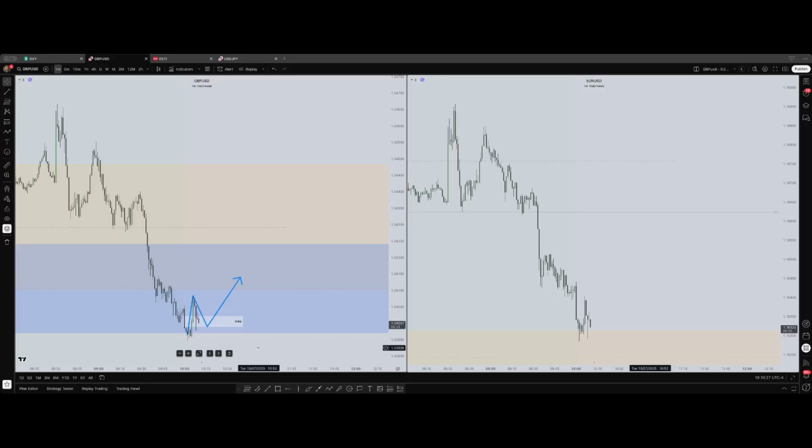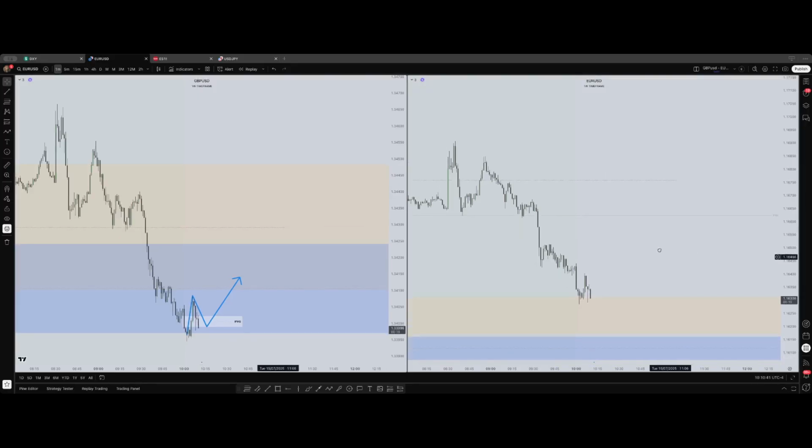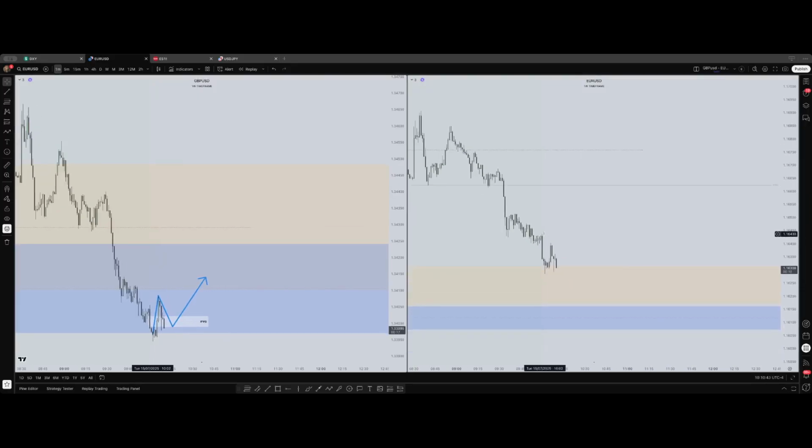But this is just an observation right now, because I don't like how Euro USD is acting now. As you can see, it seems to continue going lower. It didn't break structure. The high is still intact here. So yeah, I need both of them making confirmation.